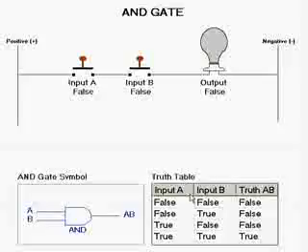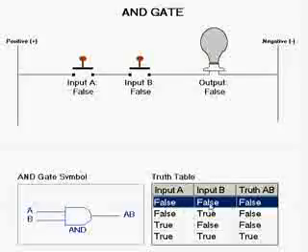Here in the truth table, you can see that both inputs A and B have a status of false, and the result of the output is also false or 0.